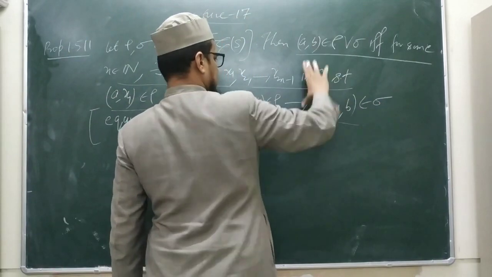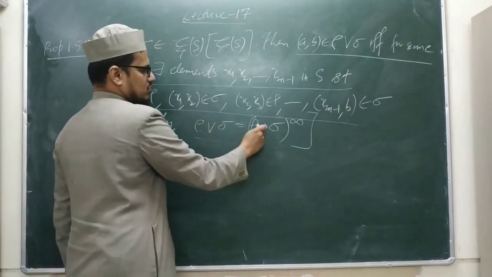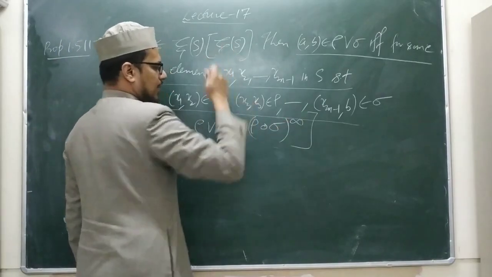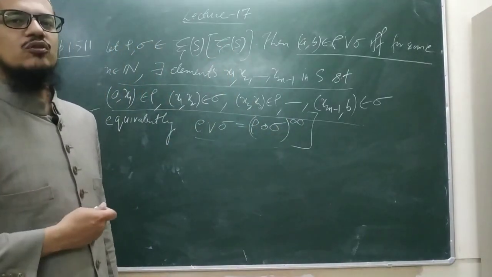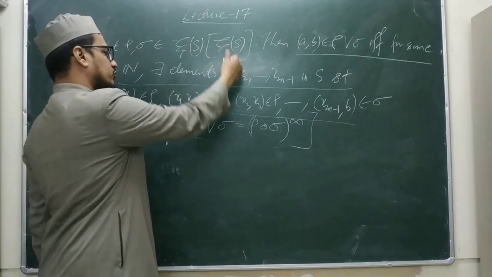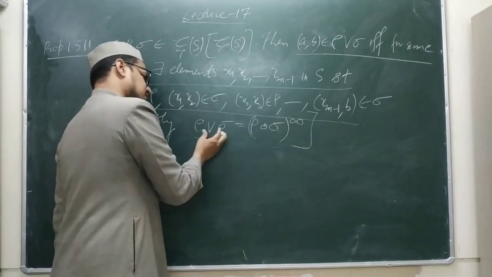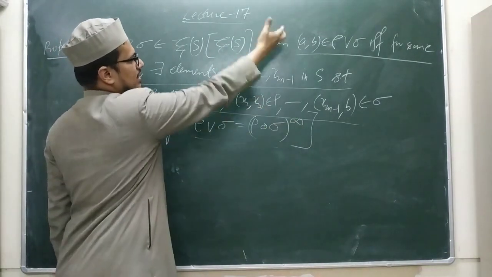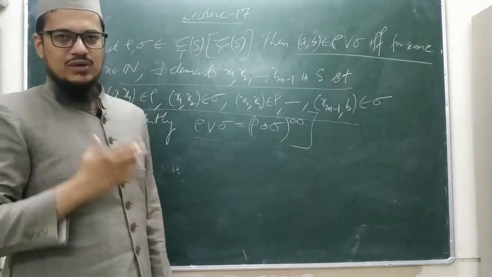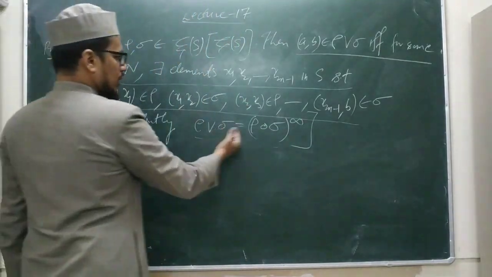So this statement and what I have written in short, that is rho join sigma is equal to rho composition sigma to the power infinity, are equivalent to each other. I am saying that this whole statement is equivalent to just this. That is, if we prove rho join sigma is equal to rho composition sigma to the power infinity, it means we have proved this. So try to justify by yourself. Okay, I will prove how these two are equal to each other.